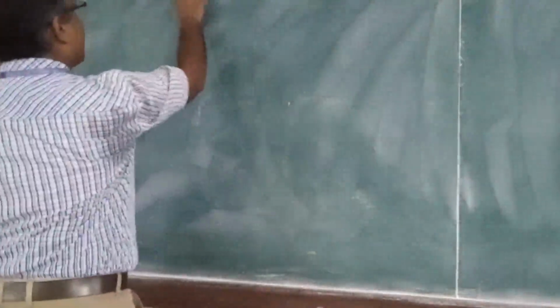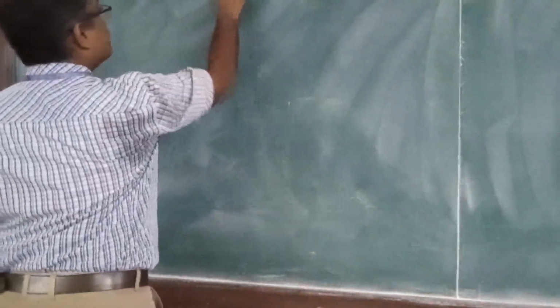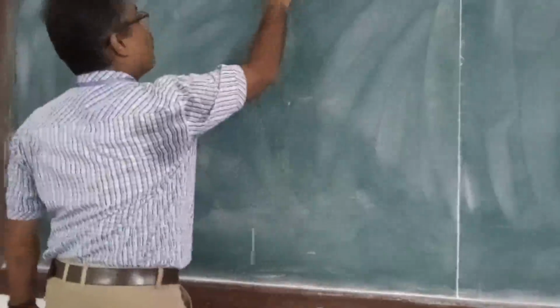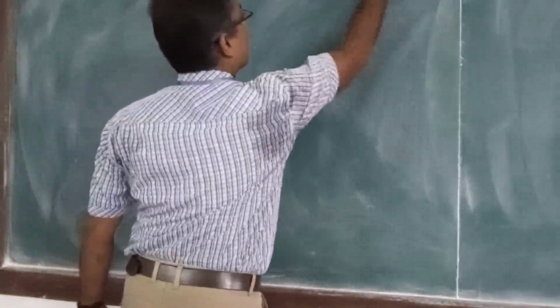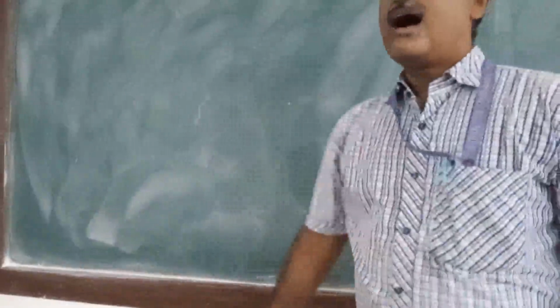So this is the vector A. Now the vector A is written as A equals AX i cap plus AY j cap plus AZ k cap, where AX, AY and AZ are the components of the vector A along X, Y and Z axis. So what is a vector?